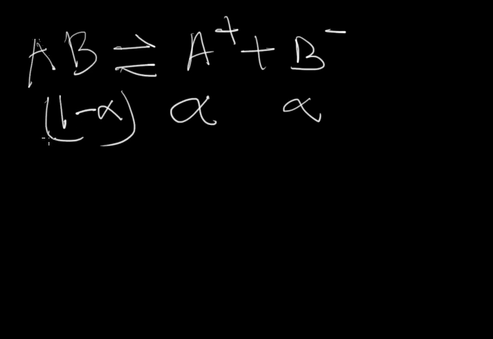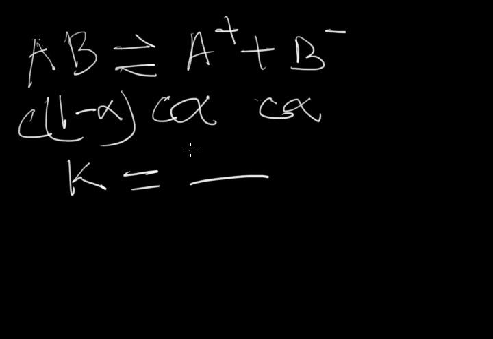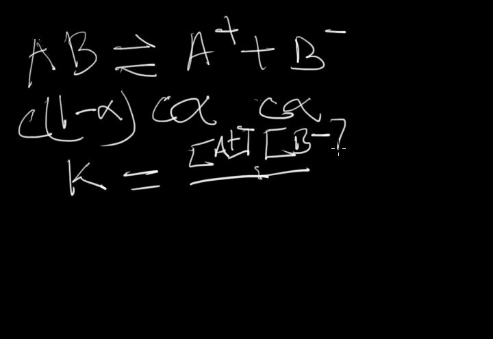If we take C molar concentration of AB, then the concentration of A plus is C alpha, B minus is also C alpha, and AB is C into 1 minus alpha. Now, dissociation constant of AB, K, is equal to molar concentration of A plus multiplied by molar concentration of B minus divided by molar concentration of AB.